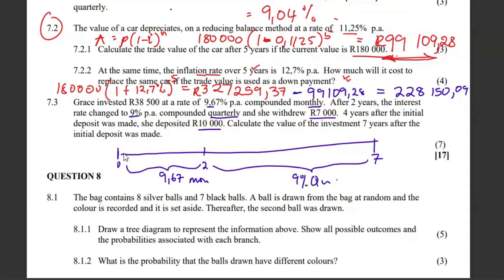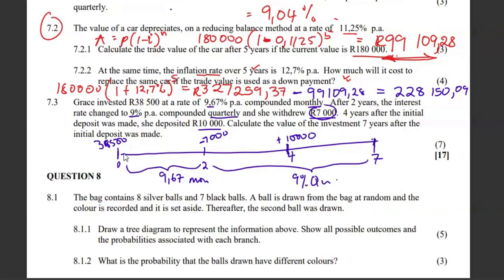She started with 38,500, and then after 2 years, the interest changed to quarterly, and she withdrew 7,000. So 7,000 is out. And then 4 years after the initial deposit was made, on the 4th year here, there is another 10,000 that is invested. They want the value after 7 years.